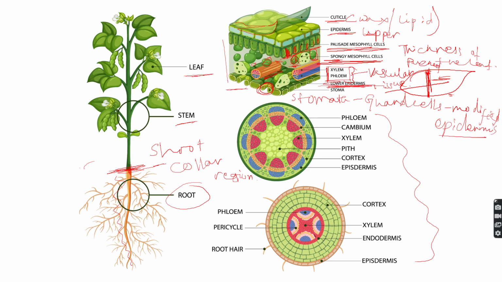Another important part is if it is a C4 plant, this vascular bundle is always covered with another layer of cells called bundle sheath cells. Okay, so this type of anatomy is called Kranz anatomy. We'll cover these things in photosynthesis.